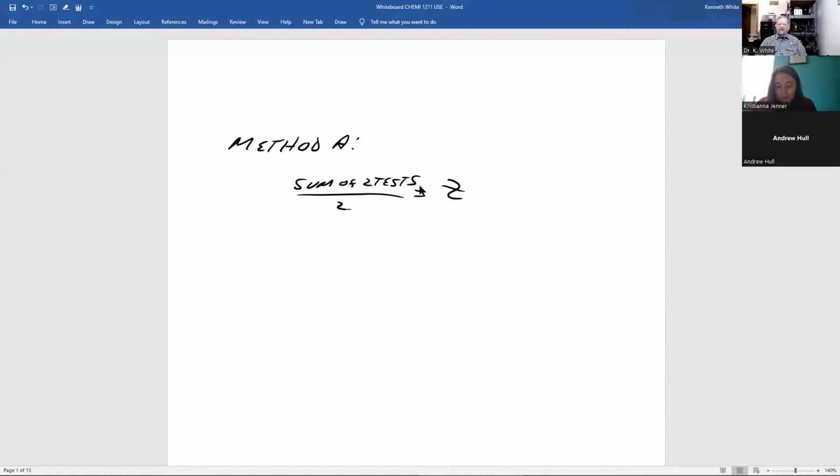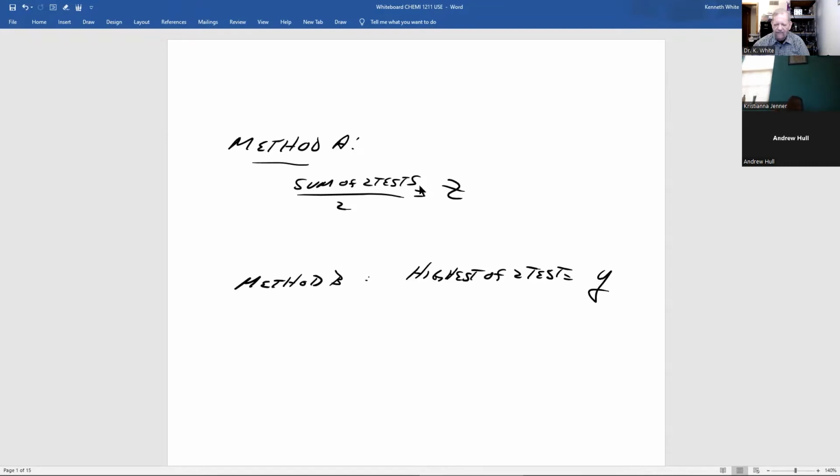If that number is 90 to 100, you're getting an A, 80 to 89 B, 70 to 79 C, 60 to 69 D, 59 or lower F. Now, since I allow the lowest test to be dropped, there's a method B to determine your grade.